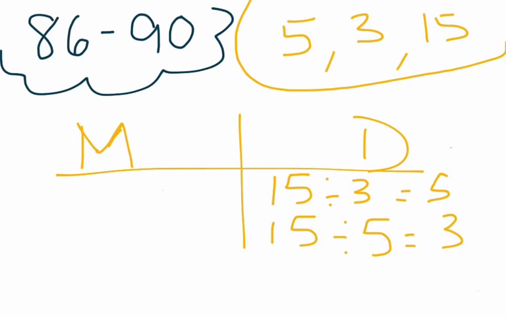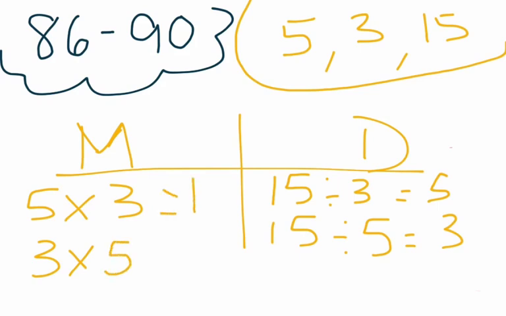Okay? Don't make this harder than it has to be, okay? Just start with the biggest number first, and then you just have to add the other ones. And then, multiplication, you have to start with the smaller numbers first. So then 5 times 3, 3 times 5, and we know both of these are equal to 15 because it's the only number left.